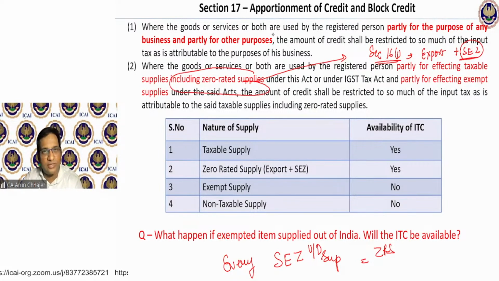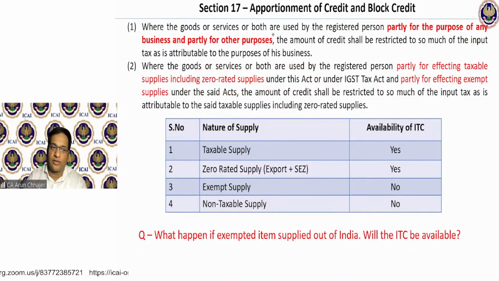Any exclusion, any counter? What is the answer? Is every SEZ supply zero rated supply? The answer is no.